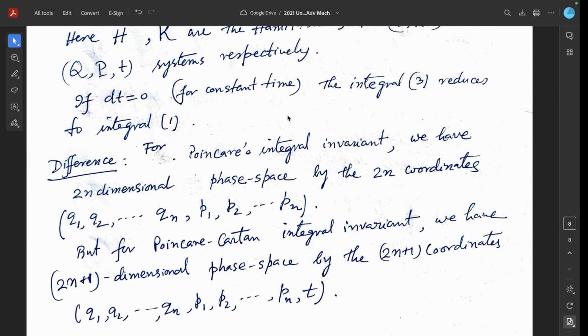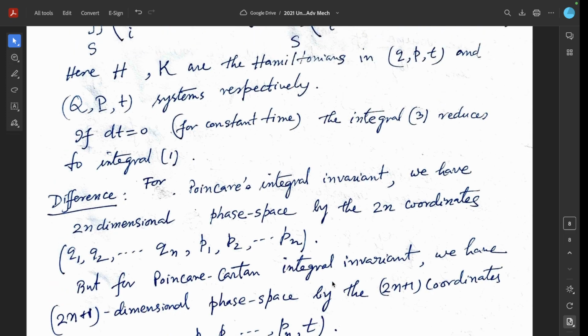The main difference is that for the Poincaré integral invariant, we have a 2n-dimensional space with 2n coordinates q₁, q₂, ..., qₙ, p₁, p₂, ..., pₙ. But for the Poincaré-Cartan integral invariant, we have a (2n+1)-dimensional space with (2n+1) coordinates q₁, q₂, ..., qₙ, p₁, p₂, ..., pₙ, and time t.